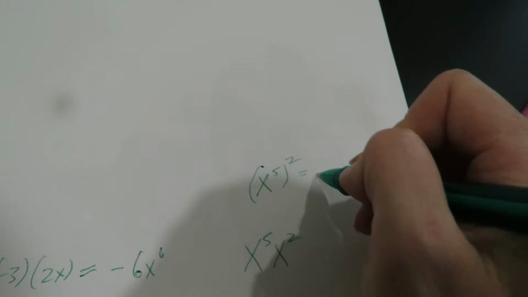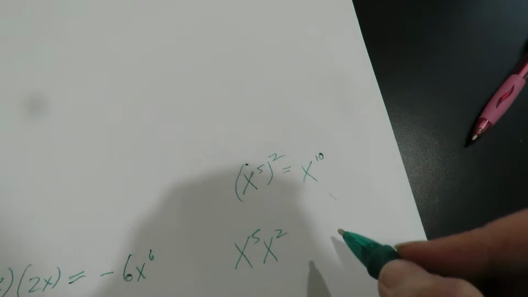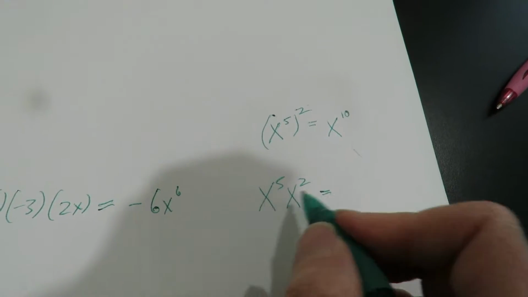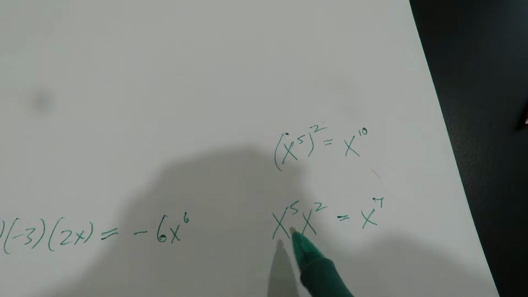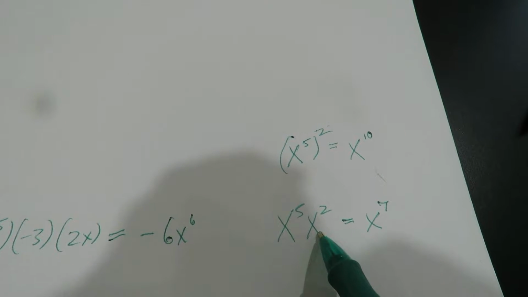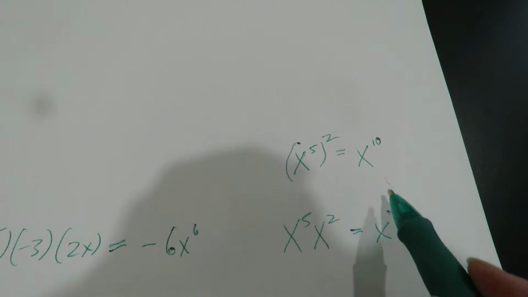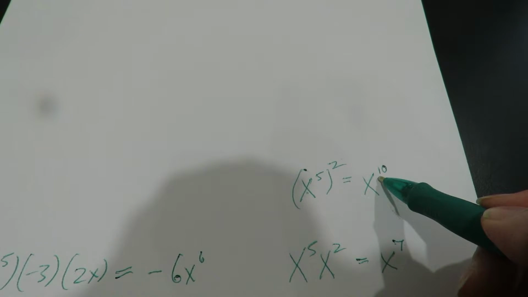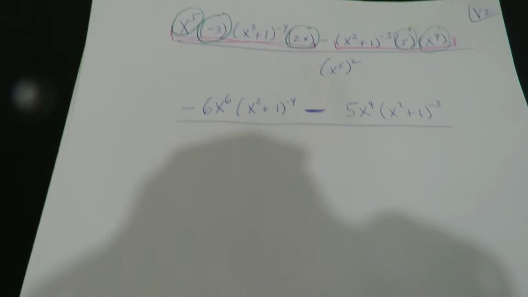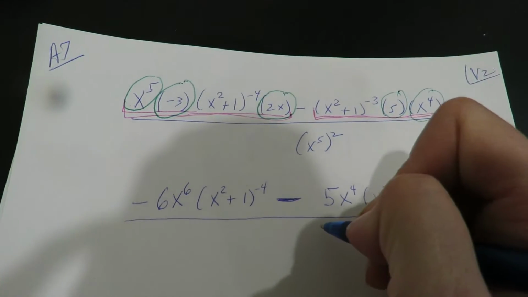Hopefully you're saying multiply, which would be correct. What's the rule for this guy when they're sitting like neighbors? That would be adding, so it'd be like that. So just make sure you get your rules right. When they're next to each other, you add these. When it's one base and two exponents, you multiply. All right, so that means that this guy is x to the 10.